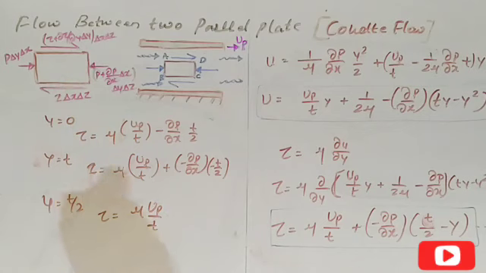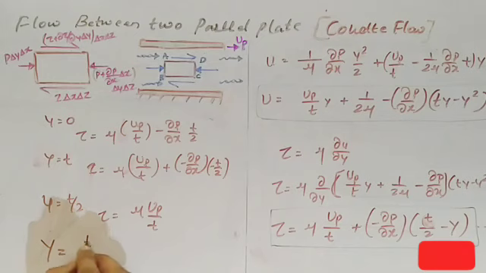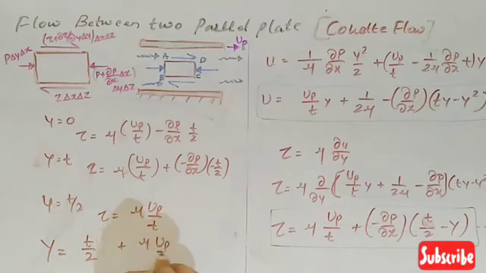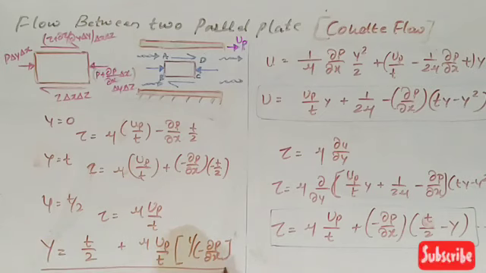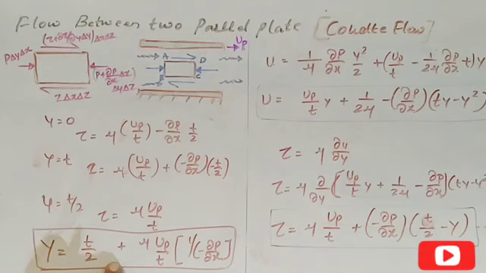Then I will get y equals t by 2 plus mu Up divided by t into 1 by minus dou p by dou x.